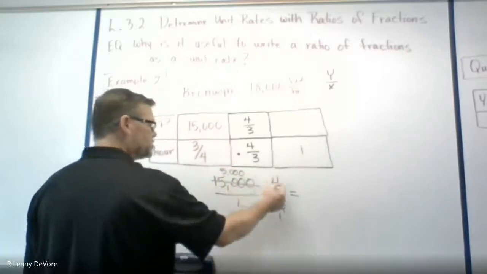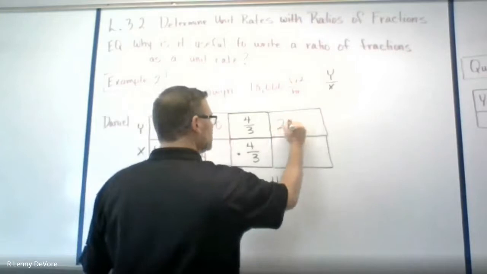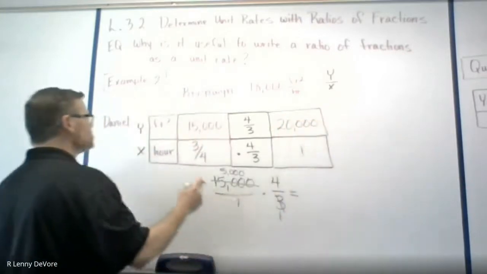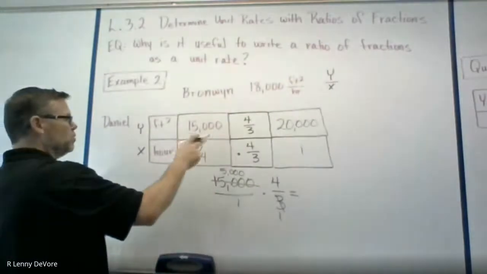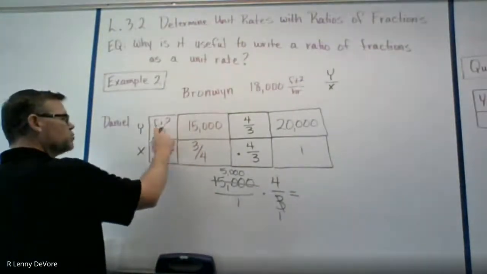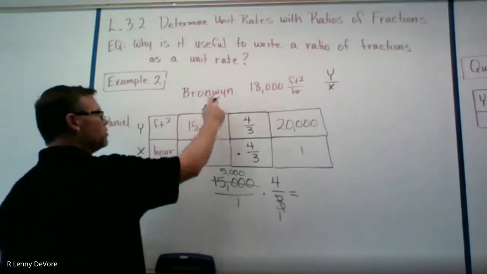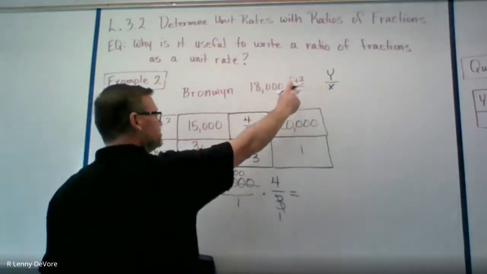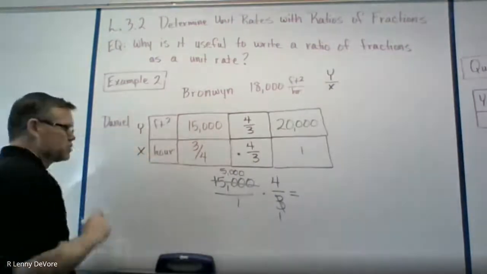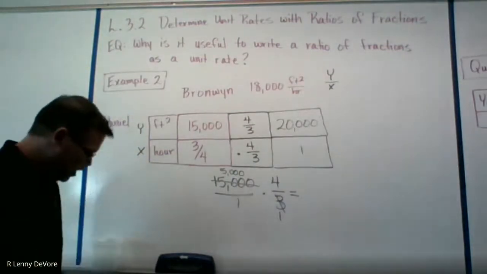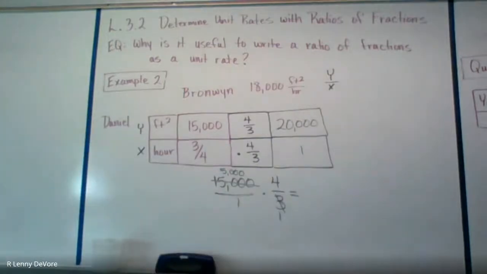And so 5,000 times 4 is 20,000. Okay, so in other words, Daniel actually will mow 20,000 feet squared in an hour, where Brownwind only does 18,000 feet squared in an hour, so Daniel is quicker. So hopefully that was pretty clear. I know it was pretty quick, but hopefully it's pretty clear.